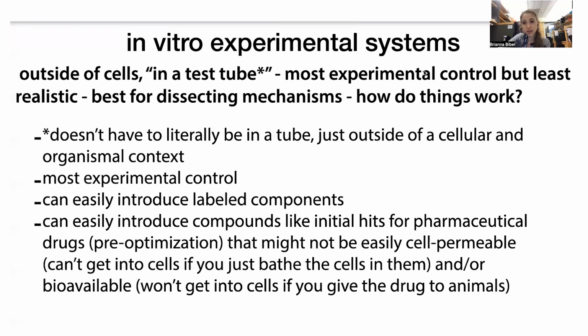And so there's a lot of optimization that goes on. And before that optimization, the compound might have activity towards whatever it's trying to do, but it won't actually be able to get into the cells. But when you don't have cells to get into, things are just in a lysate, you can then add that compound directly.